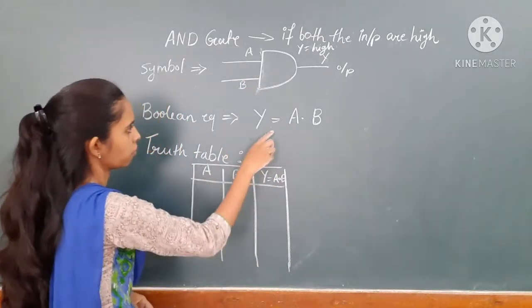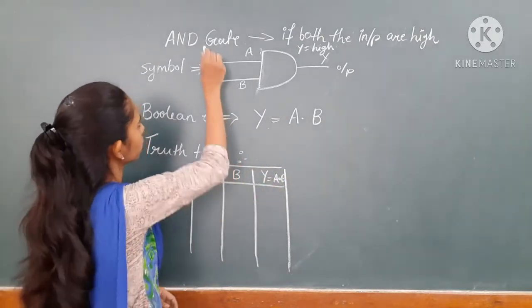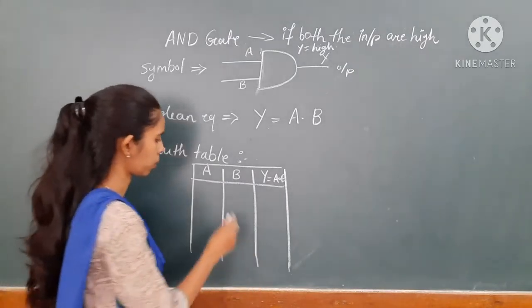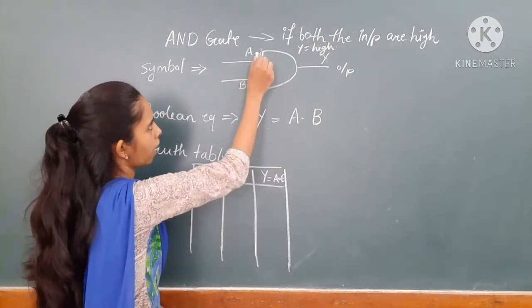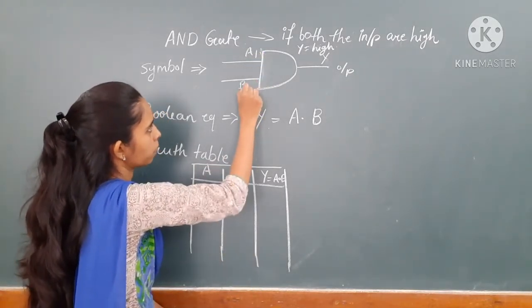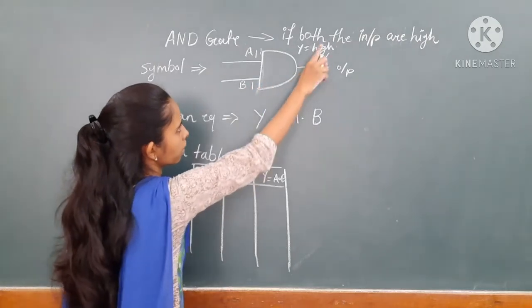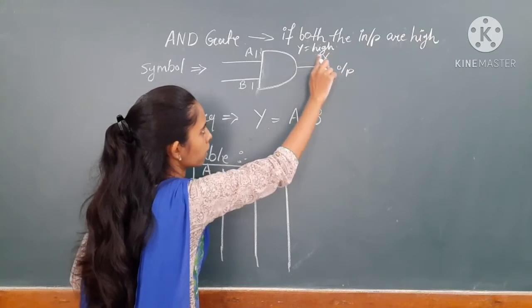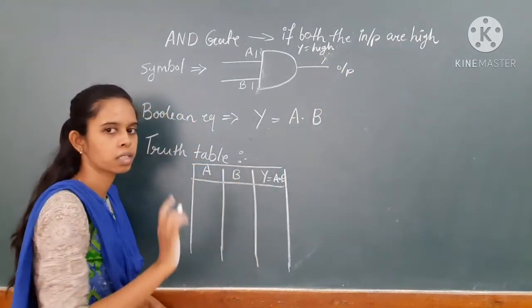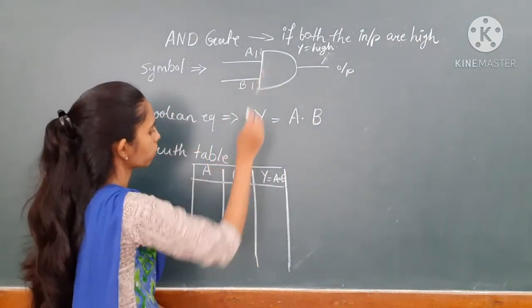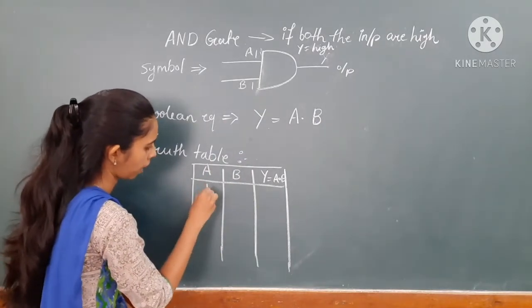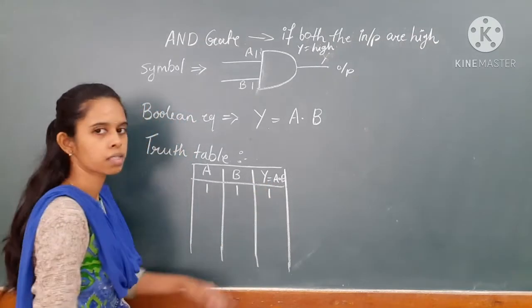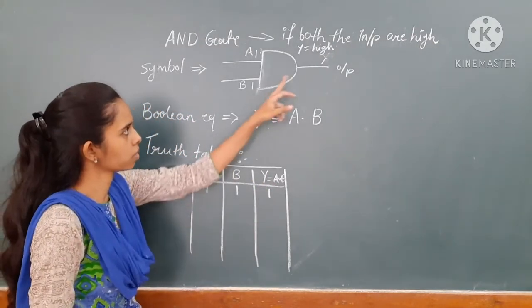We know that logic gates are represented in binary numbers. So when A is high and B is also high, then you will get a high output, because if both the inputs are high, then only the output is high. Otherwise, it is low.